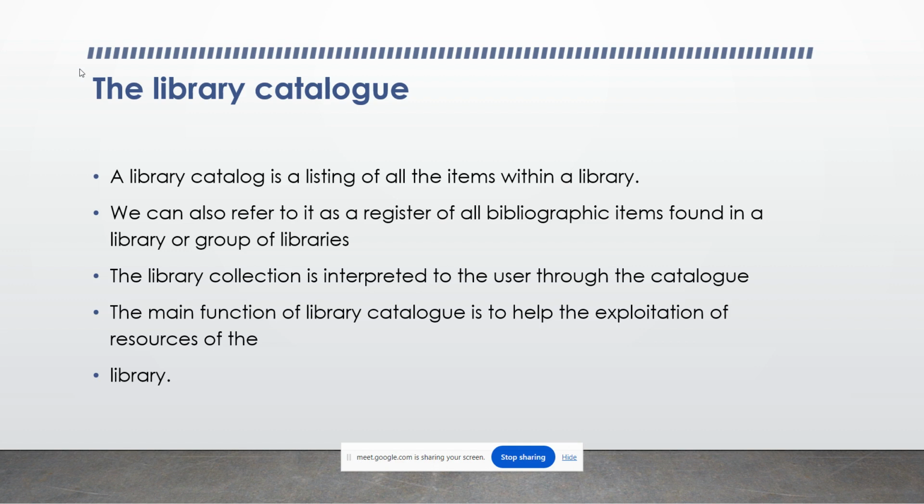We can also refer to it as a register of all bibliographic items found in a library or group of libraries. We say group of libraries because we have more than one. It's a catalogue that's showing what's within each of our different libraries, and it is a way that our collection is explained to the user.